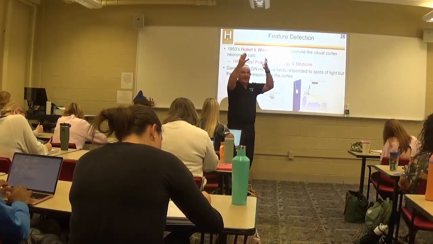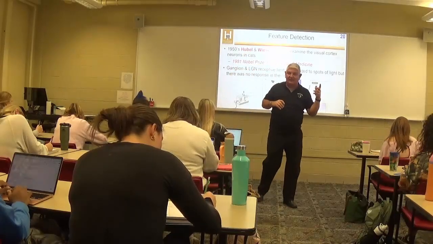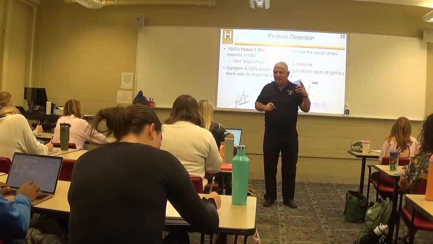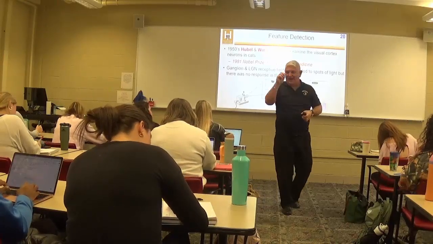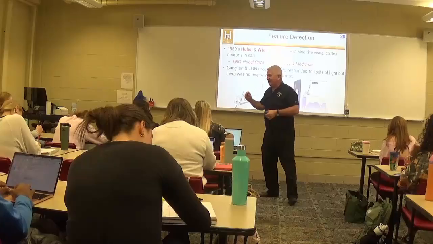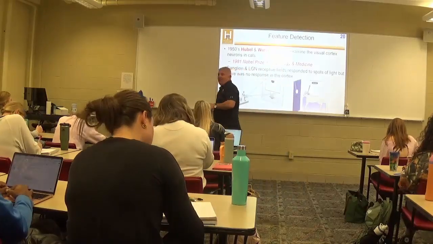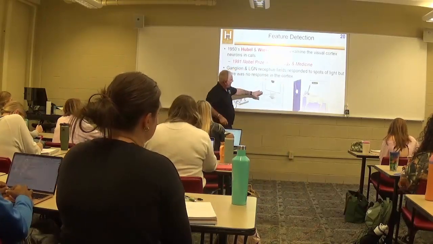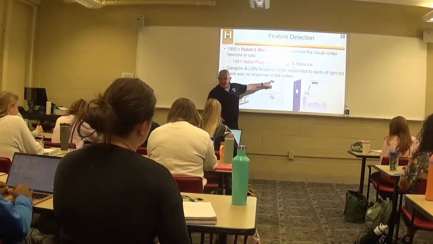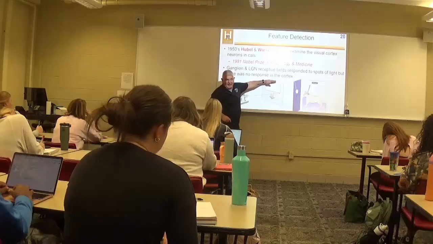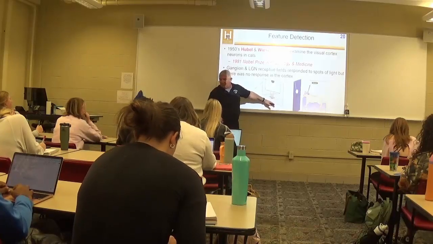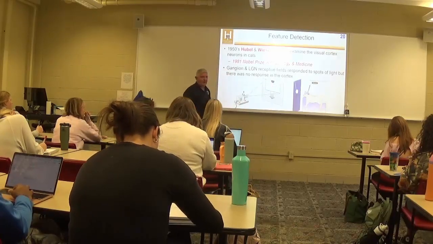We didn't have fancy projectors like this. We had actual slide projectors, where they were dropping a slide in that had a point of light on it. And what they noticed was when they dropped the slide in, sometimes they would get a response in V1 as the slide went in, but then it would go away when the dot was there.